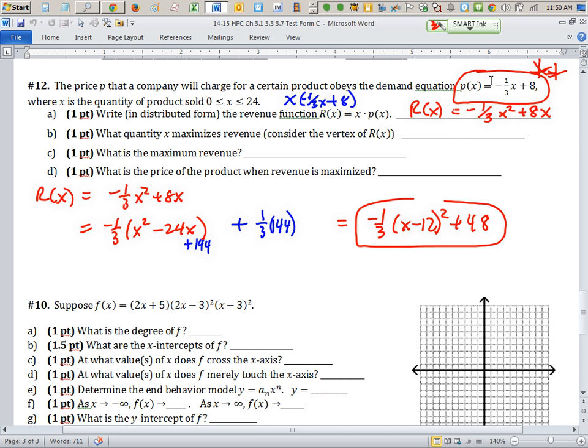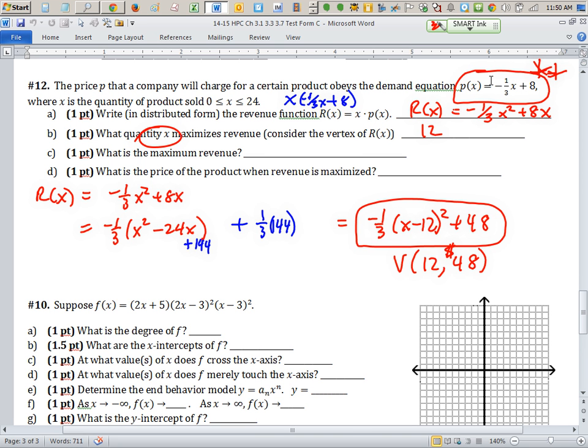Don't let this scare you. This is a revenue function. What is revenue? I don't know. Who cares? I know its vertex is at (12, 48). I know revenue has something to do with money, so this is like $48. What x maximizes the revenue? 12.